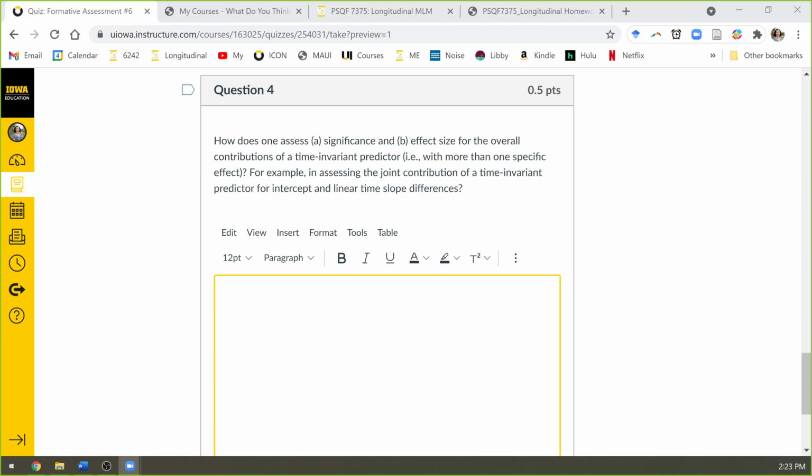So, all right, any questions or anything you want to talk more about? I have kind of an overall question. Please. I'm looking, for example, at the review lecture 7B, page 21. It's an example of a level 1 model and then time-invariant predictors at level 2, and that made sense to me.